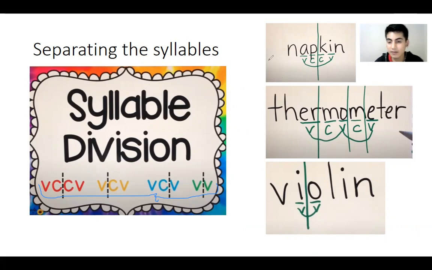For example, we have the word napkin. As you can see, this is like the first form, vowel, consonant, consonant, vowel. And it's obvious because when you say napkin, you recognize the separation. Nap, kin. It makes sense, right? Nap, kin.